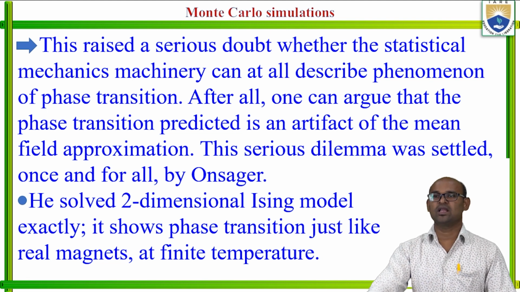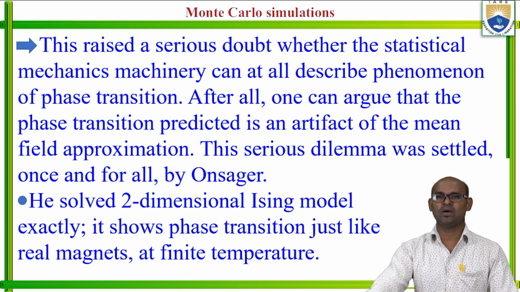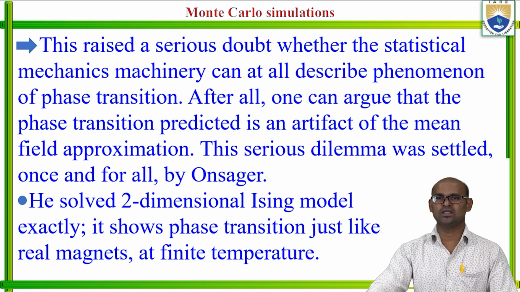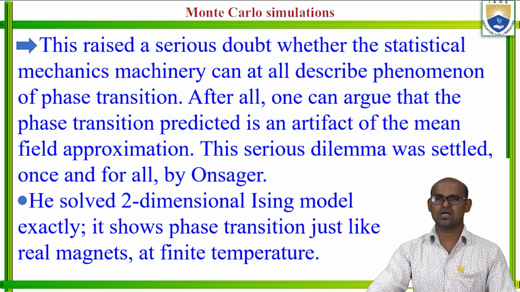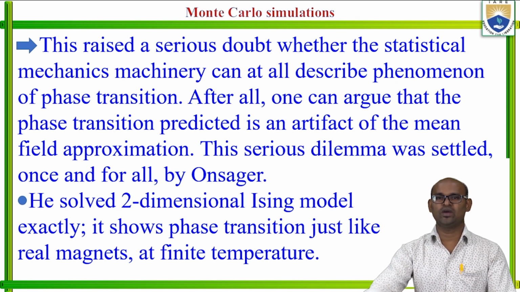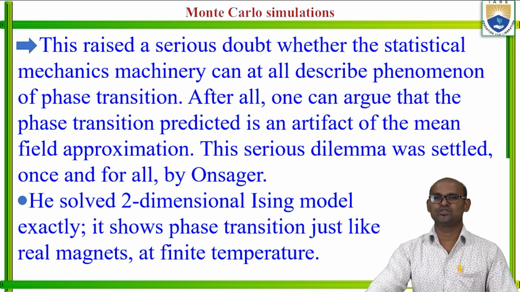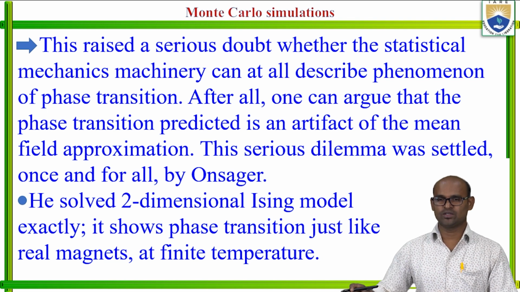This serious dilemma was settled once and for all by Onsager. The question of whether the statistical mechanics machinery can be used to understand phase transition in a system was settled by Onsager, when he solved the two-dimensional Ising model exactly, and it shows a phase transition just like real magnets at finite temperature.